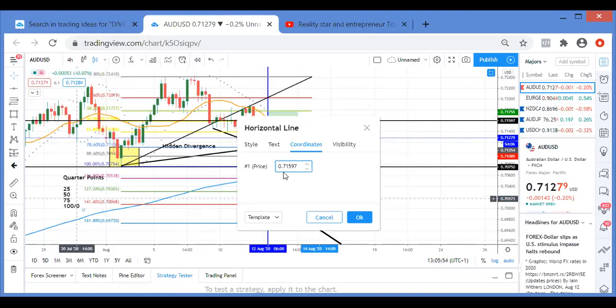So here is 0.71597. But remember the quarter points are 25, 50, 75, and 100. So let me test if I do it as 500, which will be classed as the 50. So 0.71500 is classed as this 50. So that's a quarter point. When I press OK, it came here.